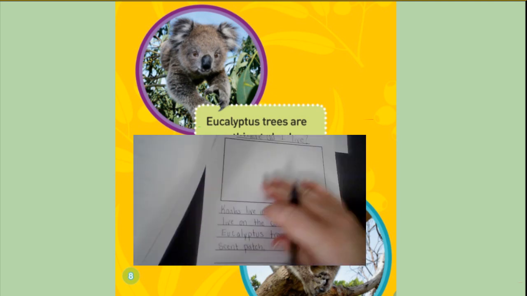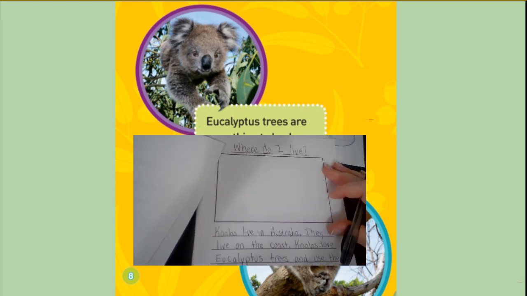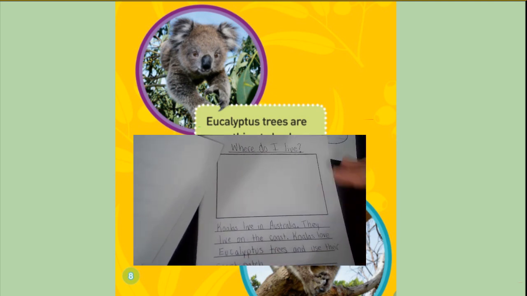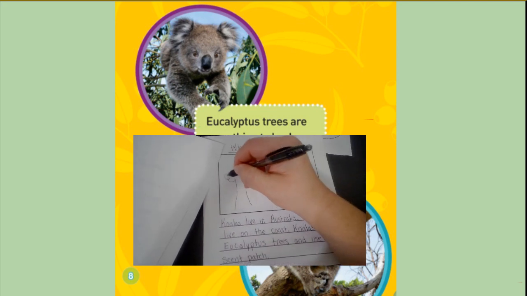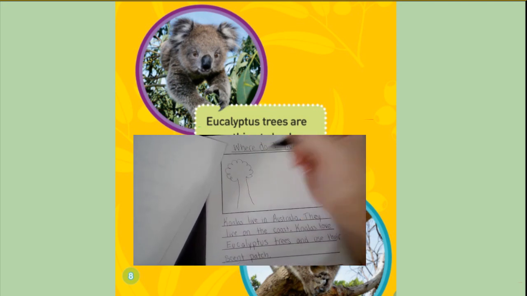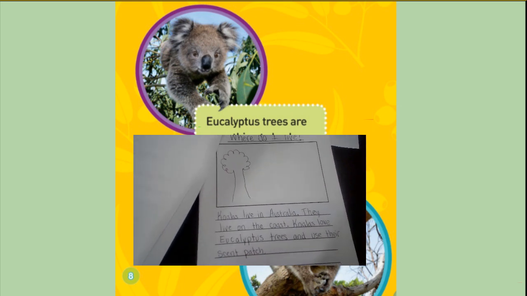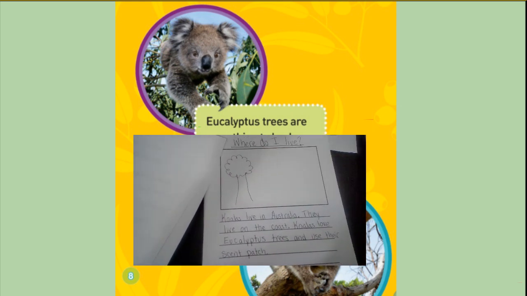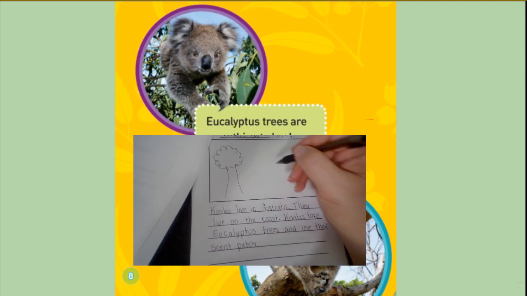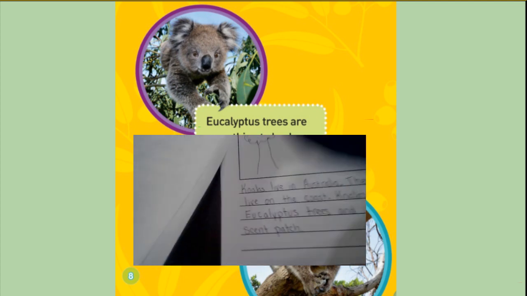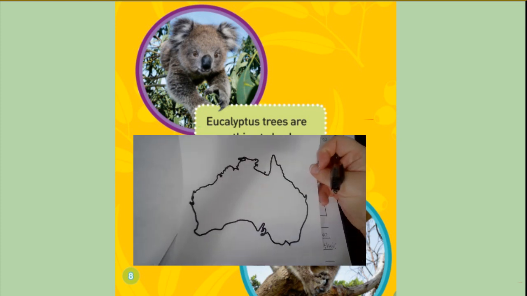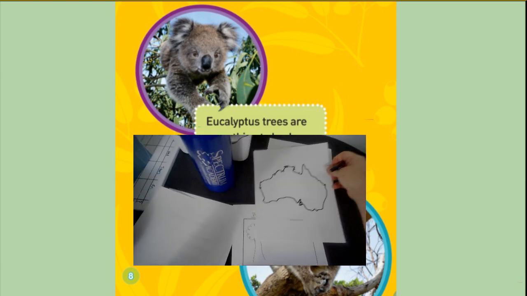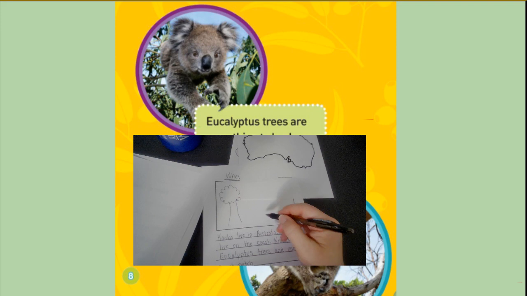Okay, so then in the picture, I'm going to draw a eucalyptus tree. I'm going to draw some trees. I'm going to just draw a trunk. And there's a tree. You could also draw Australia. Let me get our map of Australia. I will put this on Google Classroom so you can see kind of what Australia looks like.